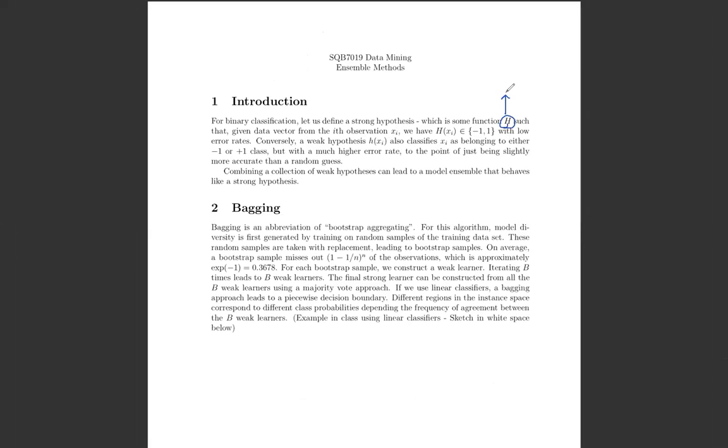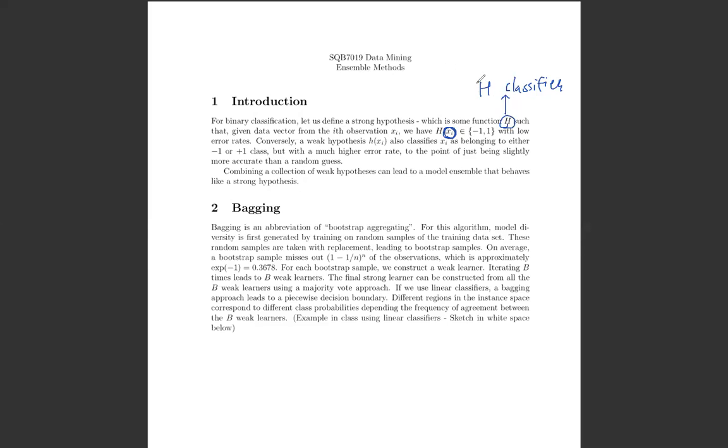This classifier takes in the data, the observation. This is the ith observation, which is basically a vector. Once you put it inside the classifier, it will predict either -1 or 1, the binary classification.